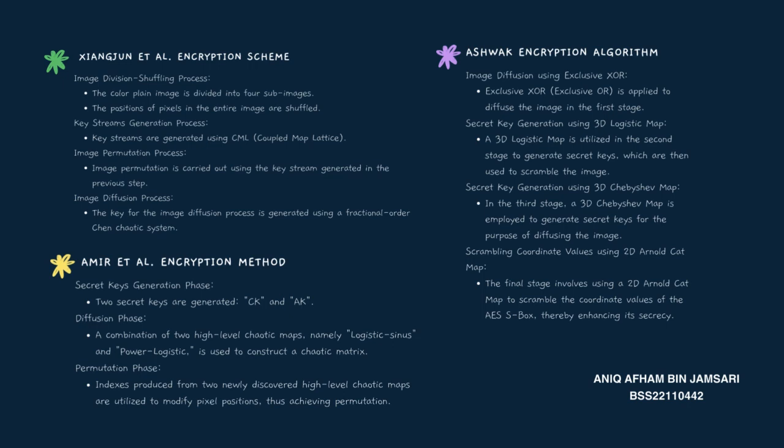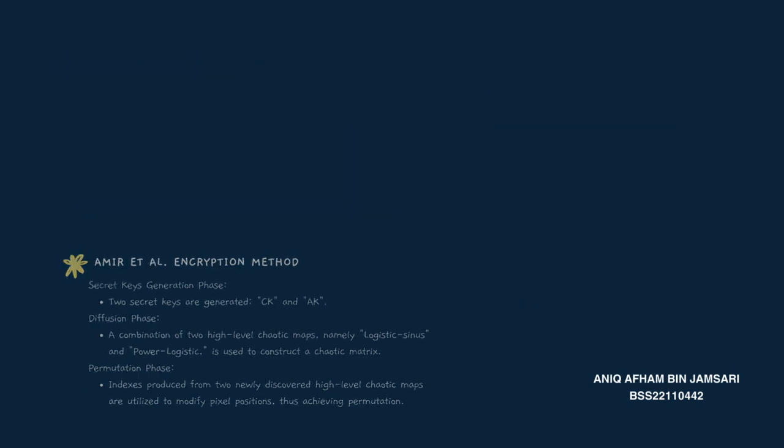In the third stage, a 3D Chebyshev map is employed to generate secret keys for the purpose of diffusing the image. During the scrambling, a 2D Arnold-Cat map is used to scramble the coordinate values of the AES S-box, thereby enhancing its secrecy.